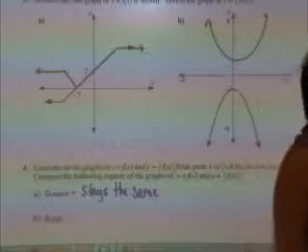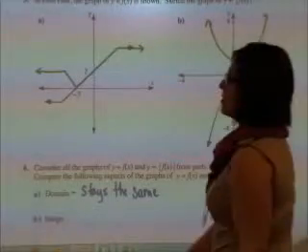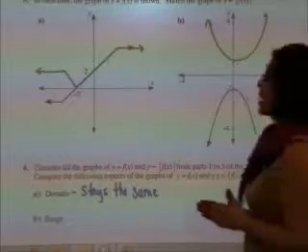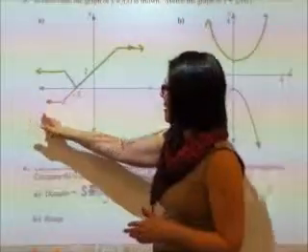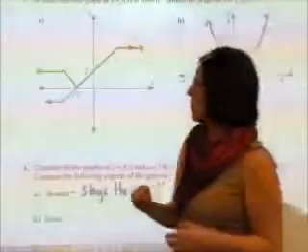Okay, so now think of the range. The range are my y values. What change do I see in the range from the original function to the absolute value function? Well, the change in the range only occurs for the values that are less than 0.